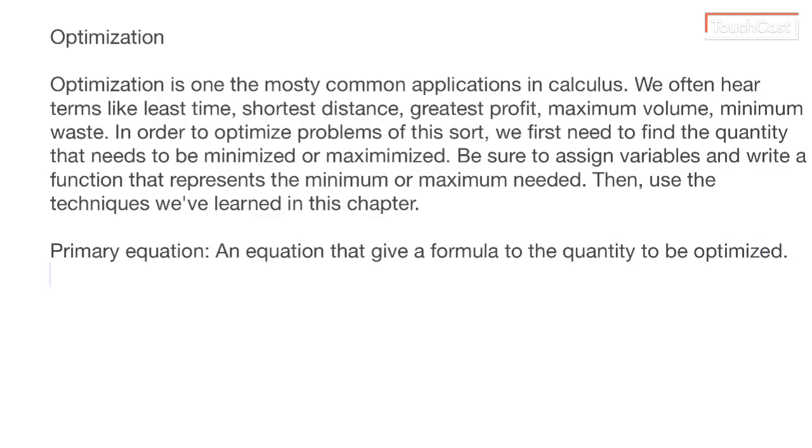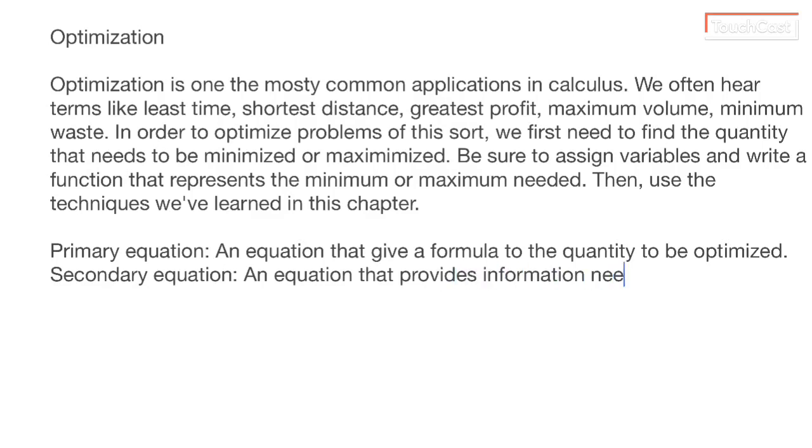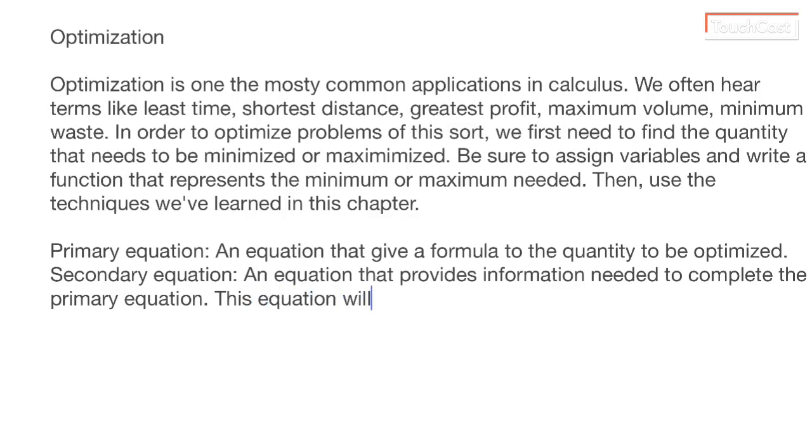And then we're going to have a secondary equation, and that's an equation that provides information needed to complete the primary equation. This secondary one will help determine any domain constraints.